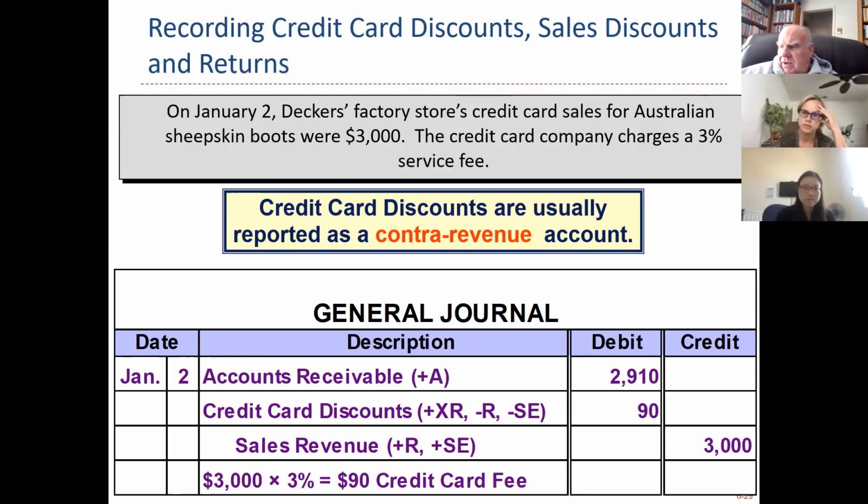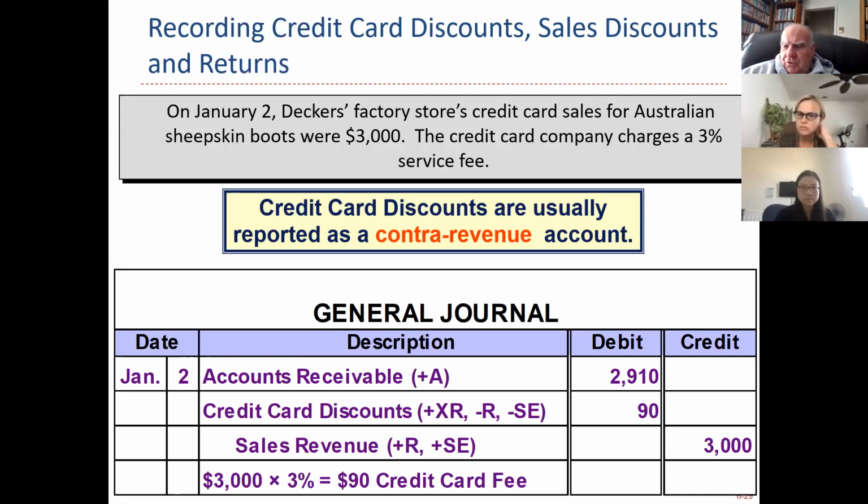Cash? Oh, no, bad guess. We love to debit cash. It begins with an S. Sales. You never debit sales. Never, never, never.